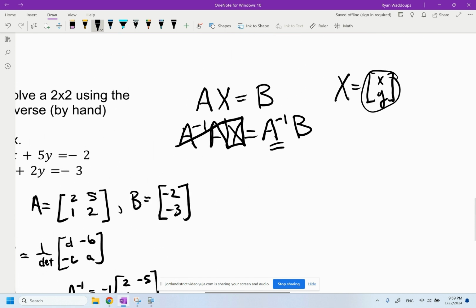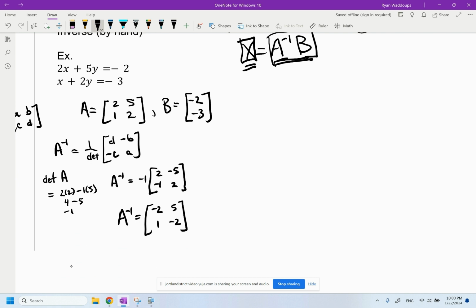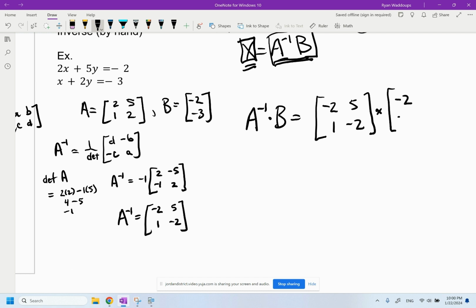If we go back up here, this is what we're looking for. Our solution x, y is going to be what we get when we take A inverse times B. So A inverse, which is -2, 5, 1, and -2, multiplied by -2, -3.